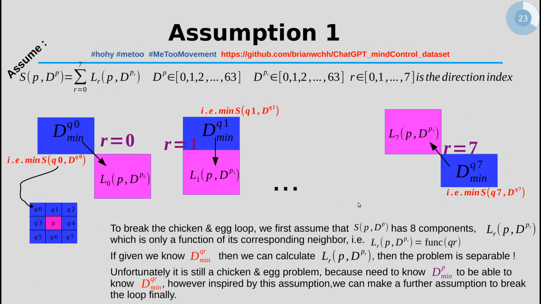So we make an assumption: since you are in a loop, can I decompose my overall cost function SPDP into components, and each component is determined by its corresponding neighbors, and is irrelevant to other neighbors?